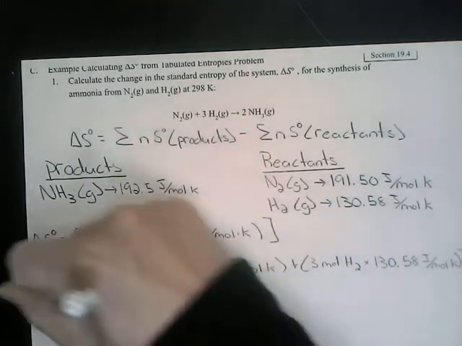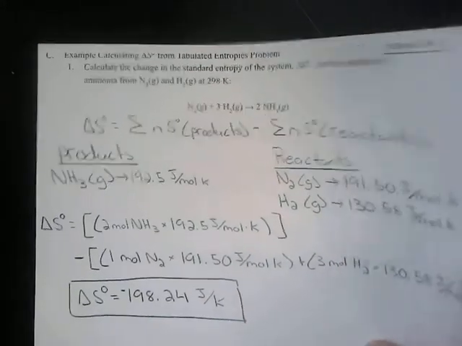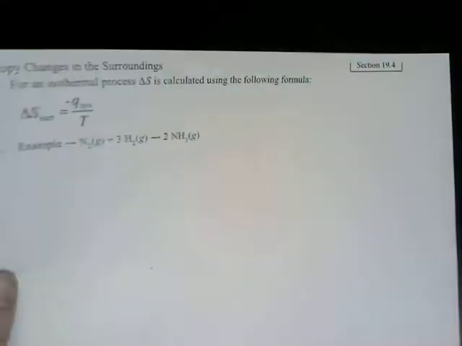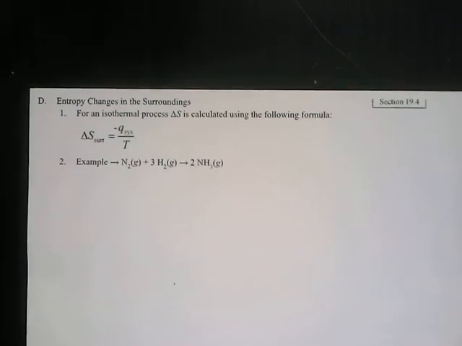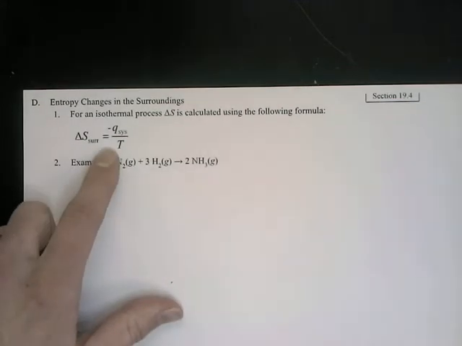Okay? Now, we can go a little bit further here, and we want to figure out, for an isothermal process, delta S is going to be calculated using this provided formula. So delta S of the surroundings is calculated using this formula.